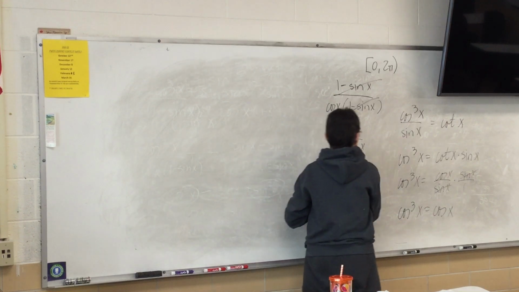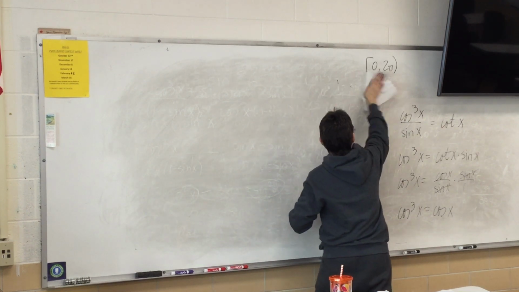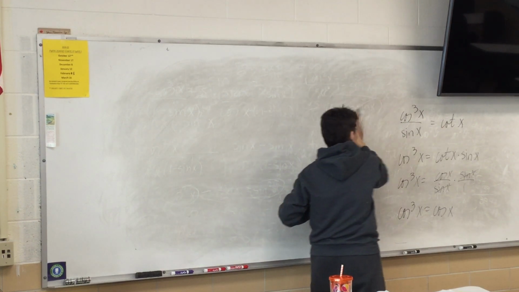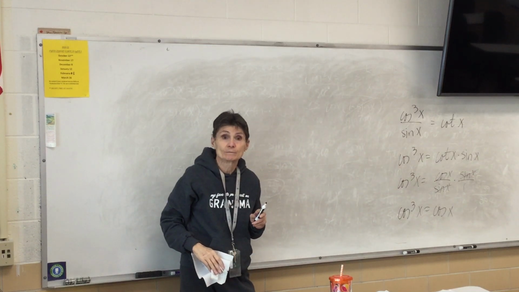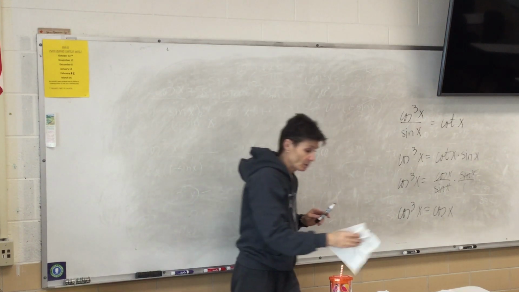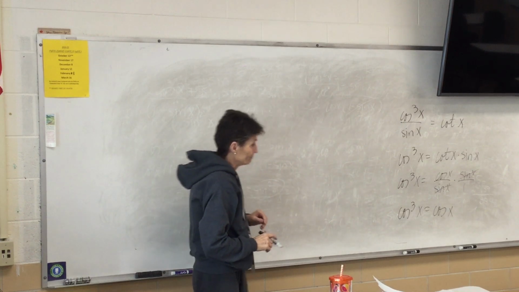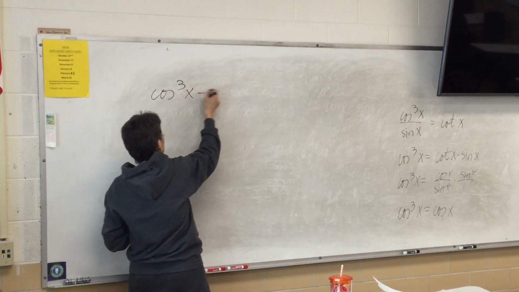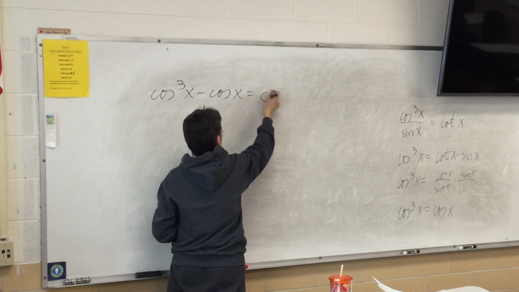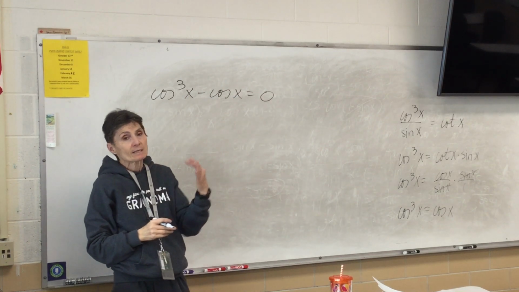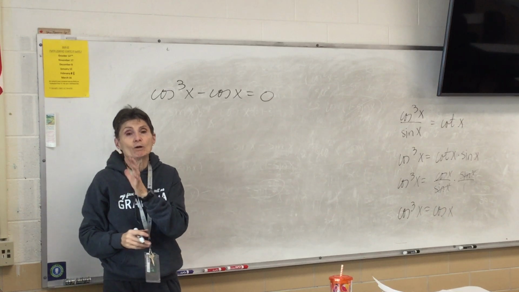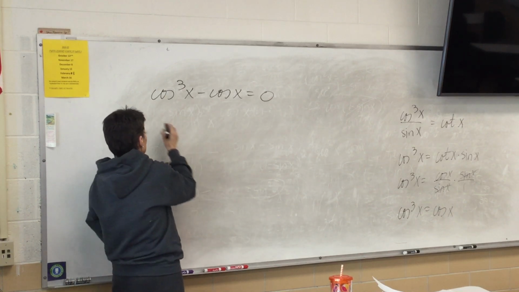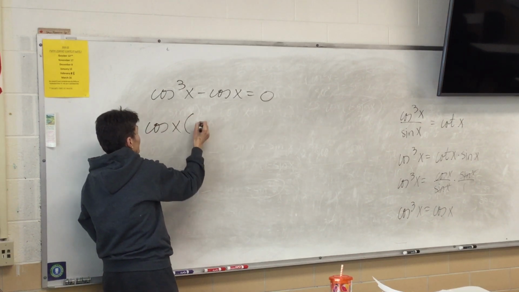So do not divide if a variable is involved, because it could be 0. Cosine can be 0, and we don't want to divide by 0. So what we're going to do instead is subtract it. Because if I subtract it over, now I can factor it out.